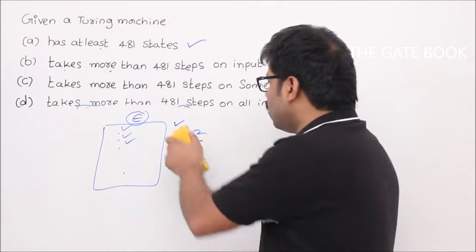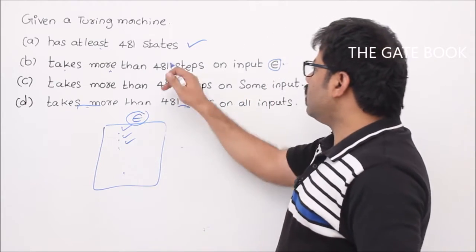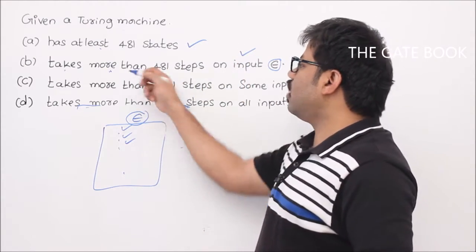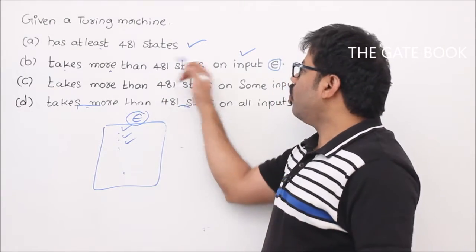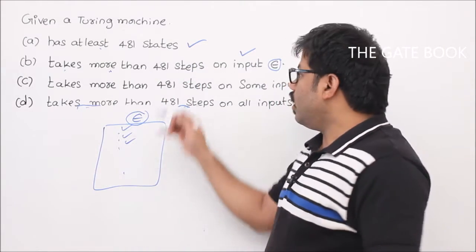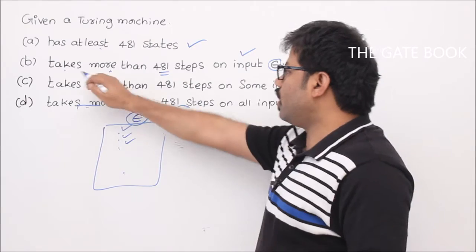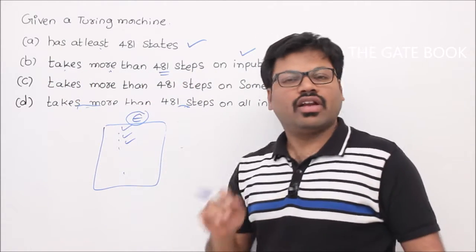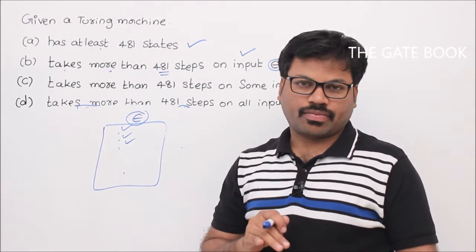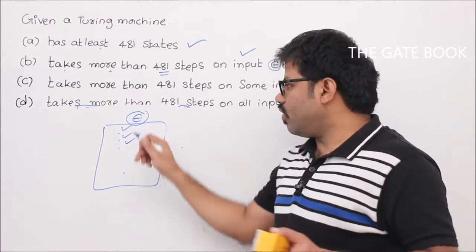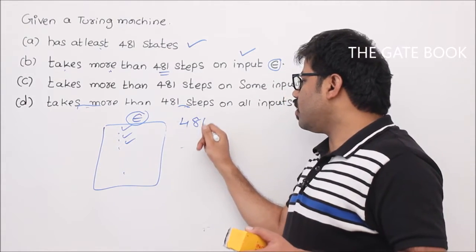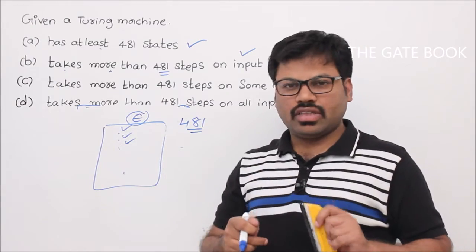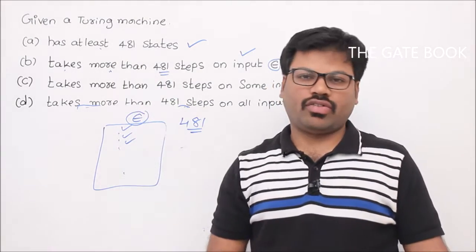So my intuition says that this problem is decidable, because just run your Turing machine for 481 steps. The question is, will it take more than 481 steps or not? Run for 481 steps first. In these 481 steps, if it won't accept, then definitely I can say that it takes more than 481 steps.